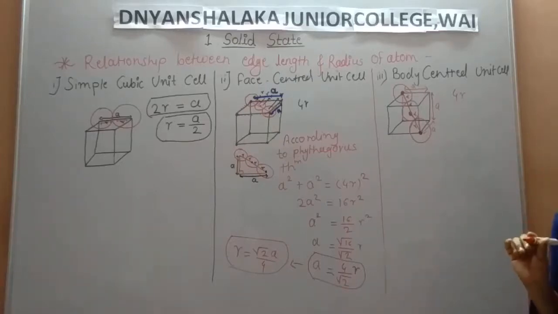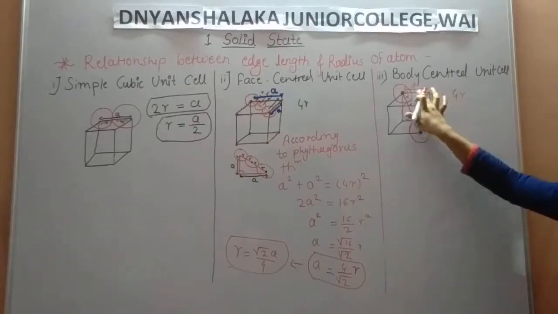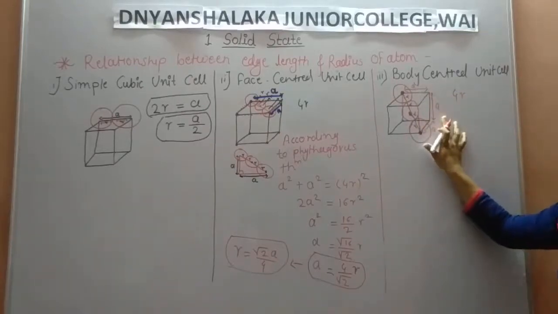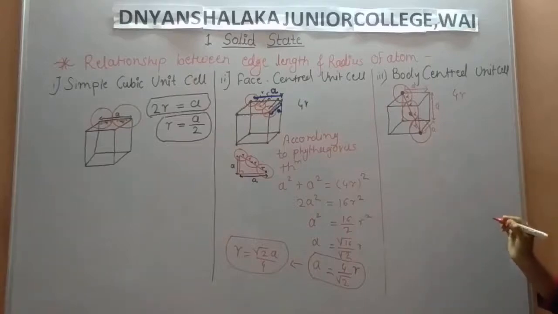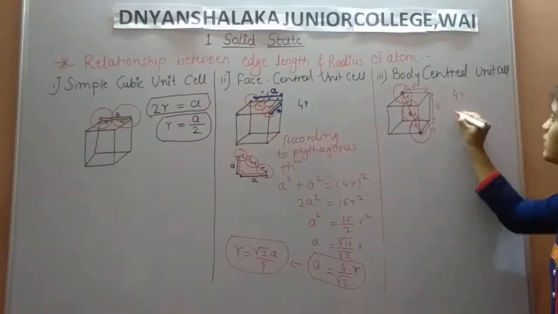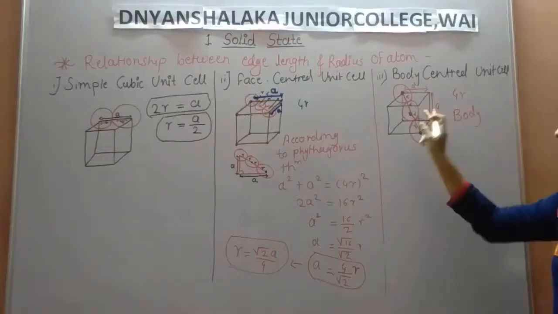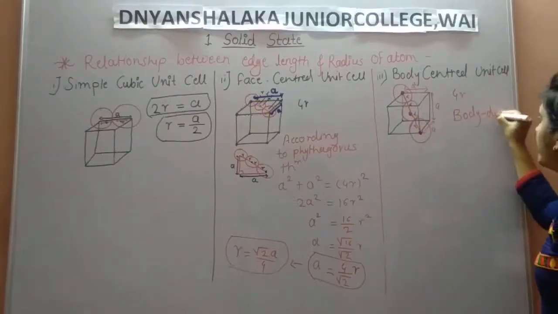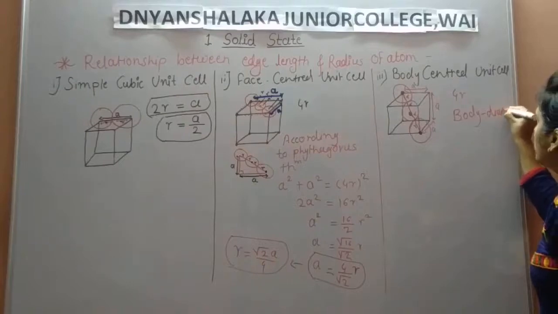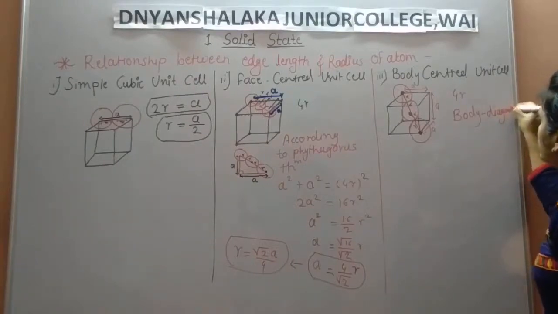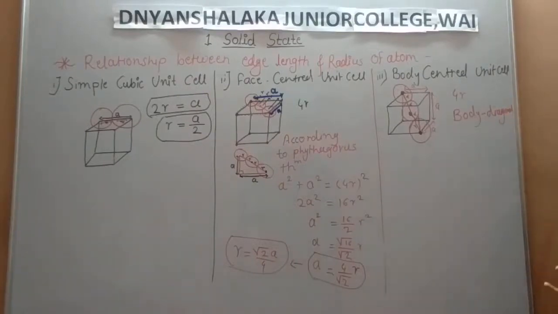How is the distance covered, meaning how many times the edge length is covered? This is our first edge length, this is our second edge length, and this is our third edge length. This is also called the body diagonal, meaning one atom is placed inside this cube. So this is called the body diagonal of the cube.